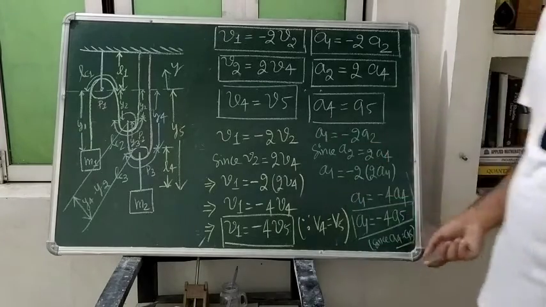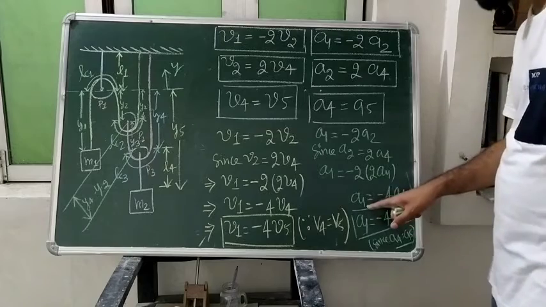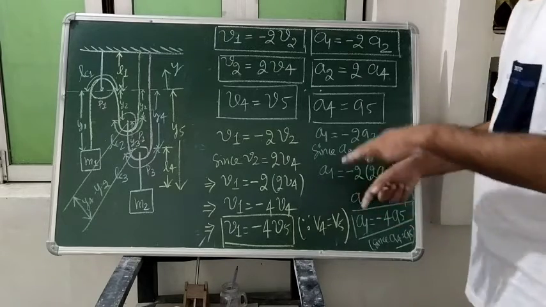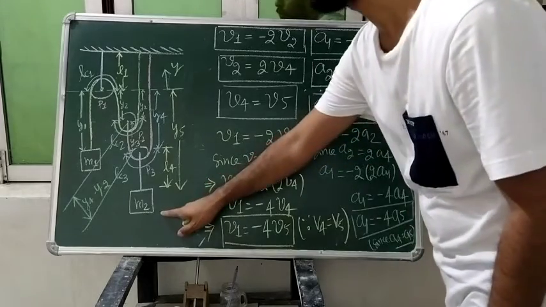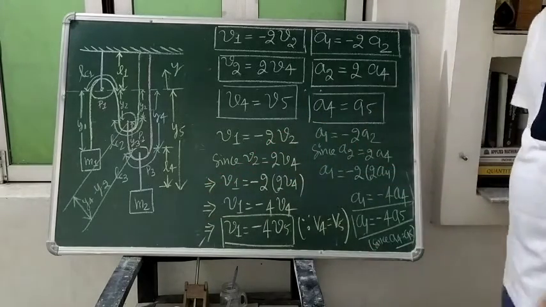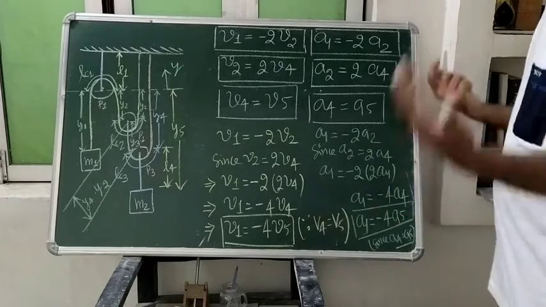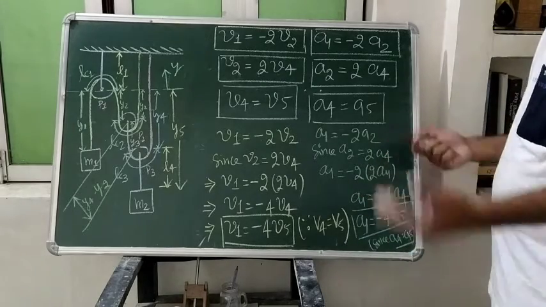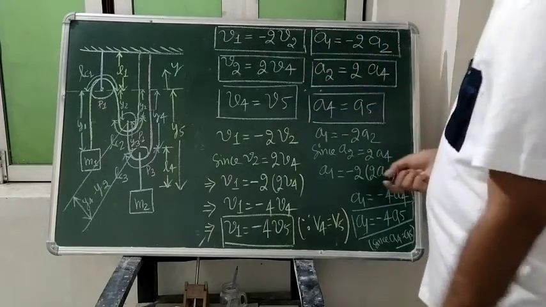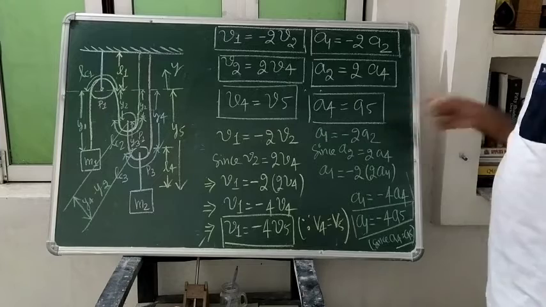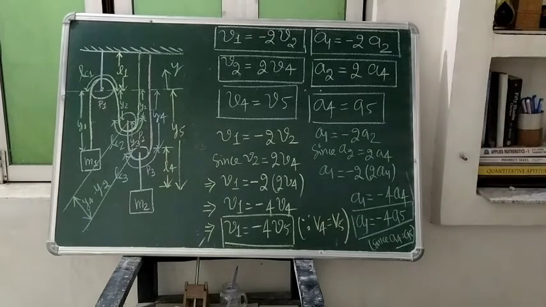The same we can say for the acceleration: whatever will be the acceleration of block 1, 1 by 4 times of that will be the acceleration of block 2, and they will be in opposite direction. You can find the other relations between accelerations and velocities by selecting the equations present here. So it was the traditional method. You can write up to here.